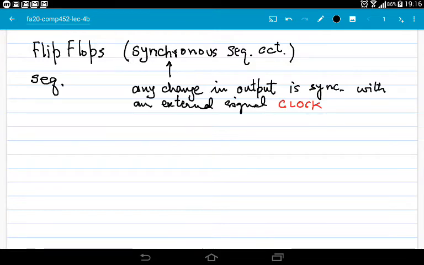It's not necessary that state changes result in output changes, but normally when the state of a circuit changes, there is a possibility that its output also changes.